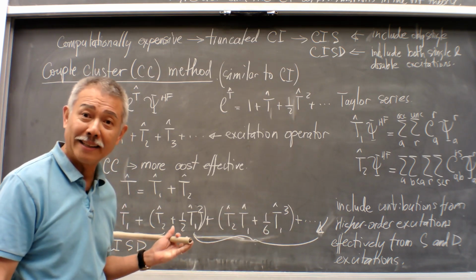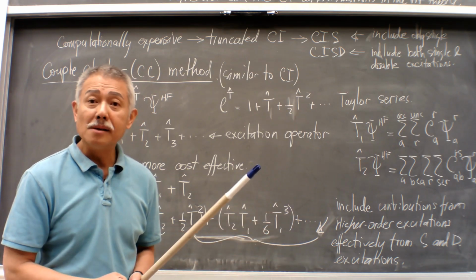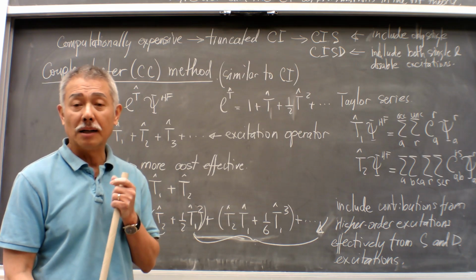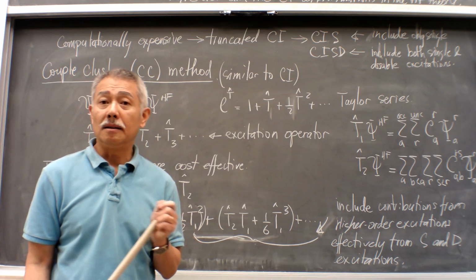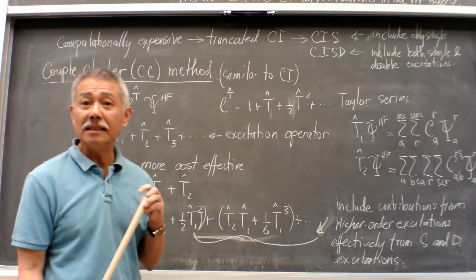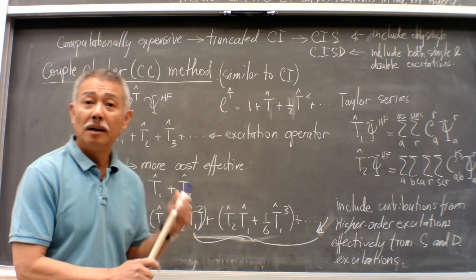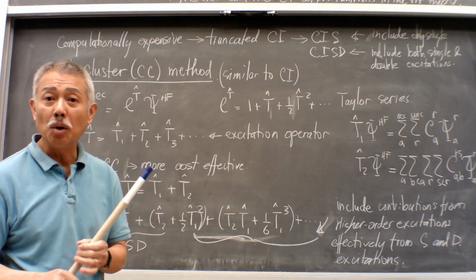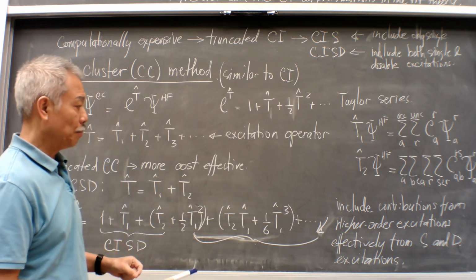In other words, truncated coupled cluster is more accurate than truncated CI at the same truncation level. For example, coupled cluster singles and doubles is more accurate than CI singles and doubles.